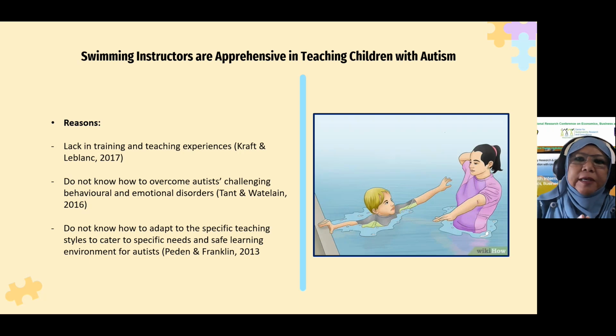It is because teachers lack training and also teaching experience and do not know how to overcome autists' challenging behavioral and emotional disorders, the ones that I said just now, like crying and also throwing tantrums. They do not know how to adapt to specific teaching styles to cater to specific needs and a safe learning environment for autists.